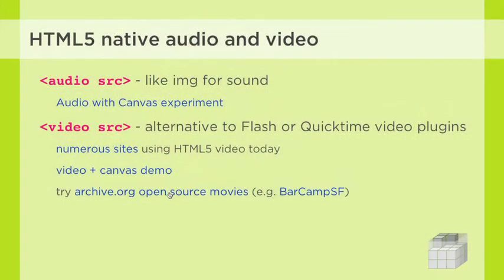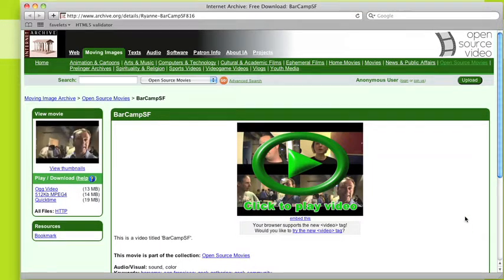And you may be wondering, well, I want to get started with HTML5 video, but I don't really have any videos of my own to use, and a lot of videos out there are proprietary, copyright, etc. So to get started learning how to use HTML5 video, I want to at least give you a pointer to some open source videos. Archive.org has plenty to choose from, and one that I recommend checking out, because it does incorporate a bit of web development, web design, technology, community history, is the Barcamp San Francisco video.